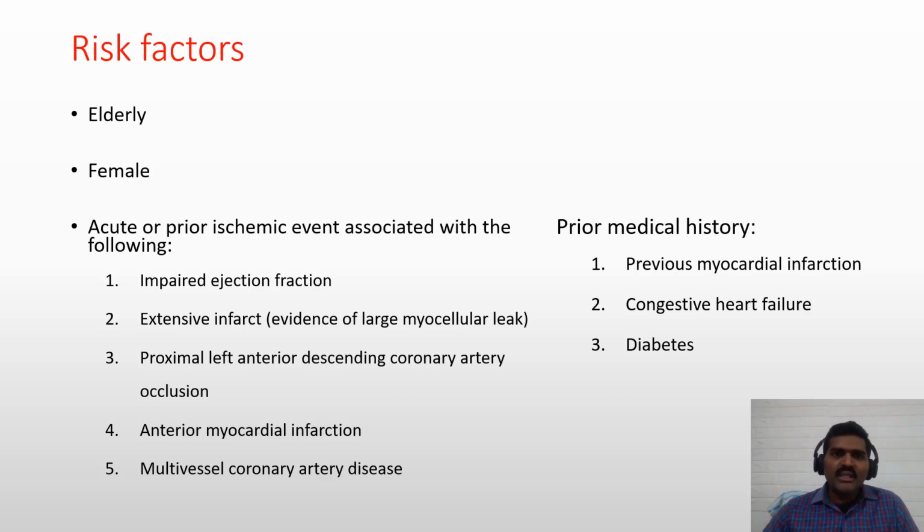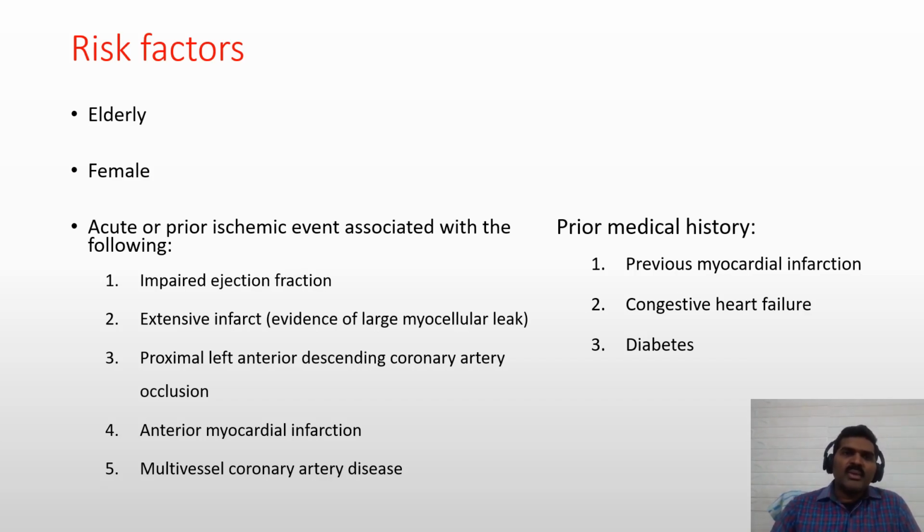Acute or prior ischemic event associated with one of the following: impaired ejection fraction in the previous acute event, an extensive infarct, evidence of large myocellular leak, proximal left anterior descending coronary artery occlusion, anterior myocardial infarction, multivessel coronary artery disease. A prior medical history of previous myocardial infarction, congestive heart failure, and diabetes also makes patients prone for development of cardiogenic shock.